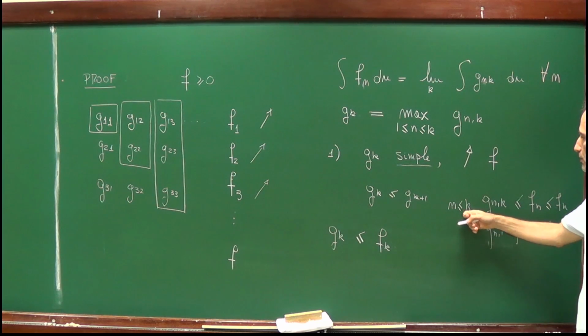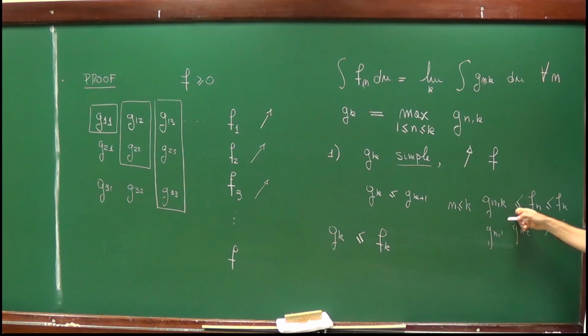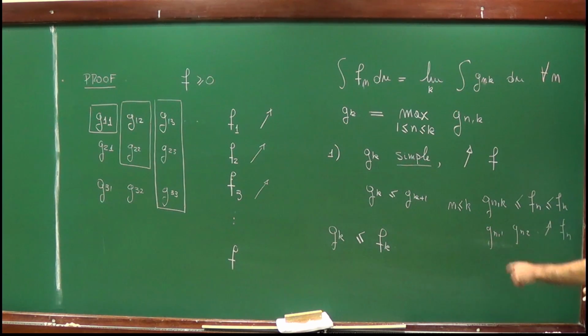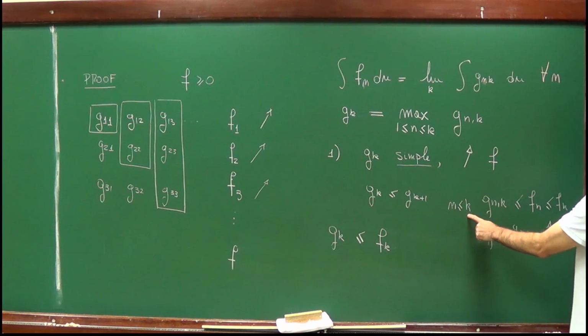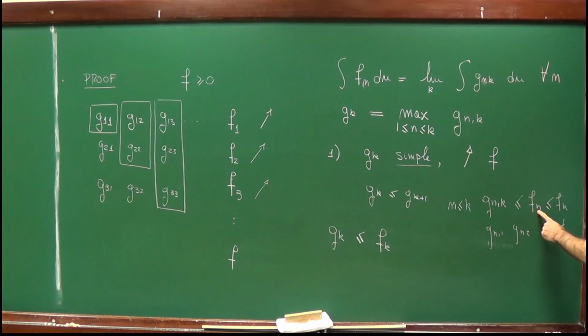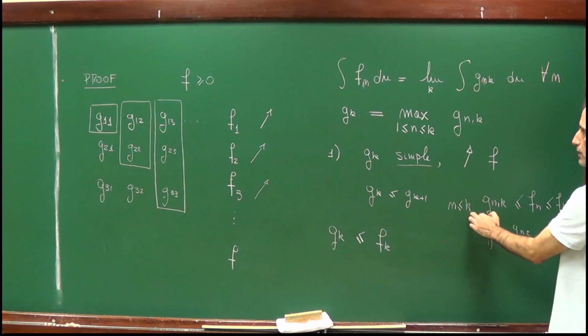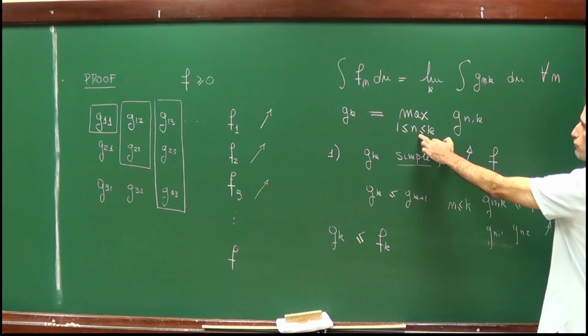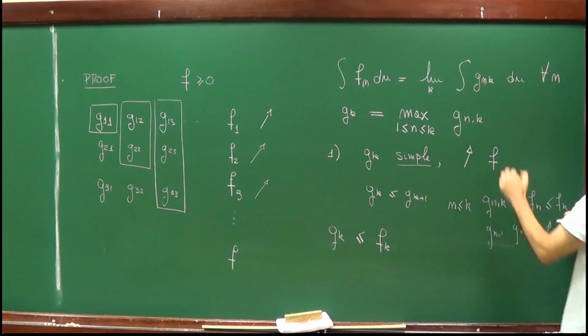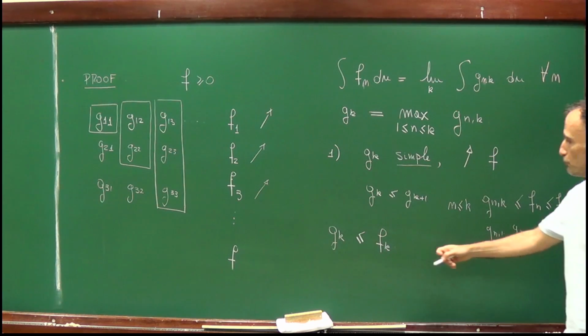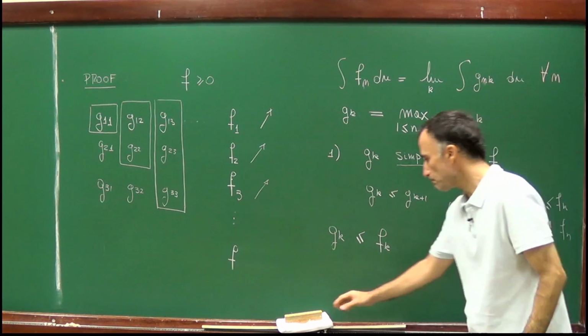So in particular, g_{n,k} is smaller than f_n. And now if I take n smaller than k, since the sequence f_n is increasing itself, f_n is smaller than f_k. So this shows that g_{n,k} is smaller than f_k for any n smaller than k, and therefore the maximum over n between 1 and k is smaller than f_k. So this proves this inequality.